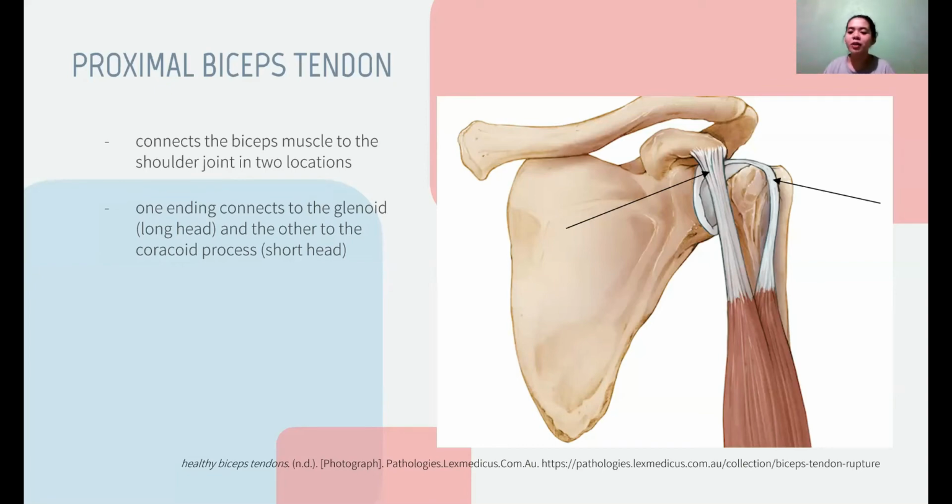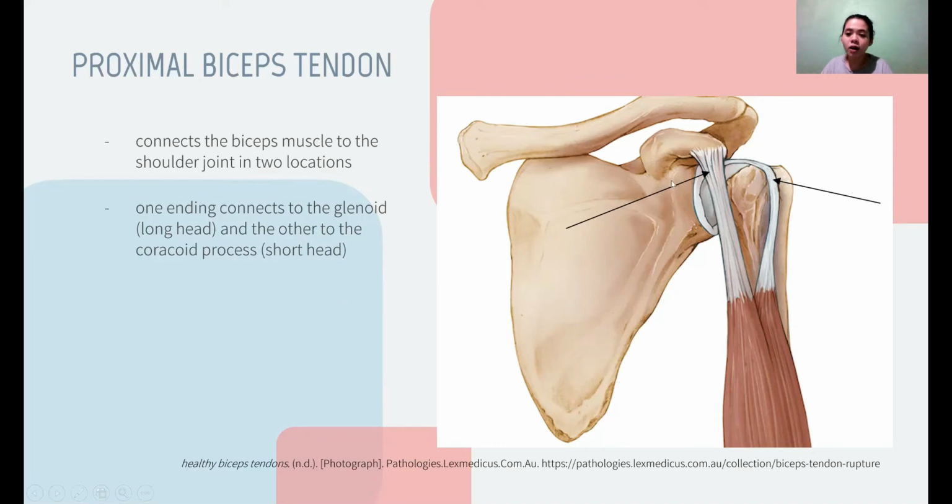The muscle that you see is the biceps, and it connects to the shoulder joint by the proximal biceps tendon, because there are two kinds of tendons that you can see when it comes to the humerus, the one over here and the one over here.